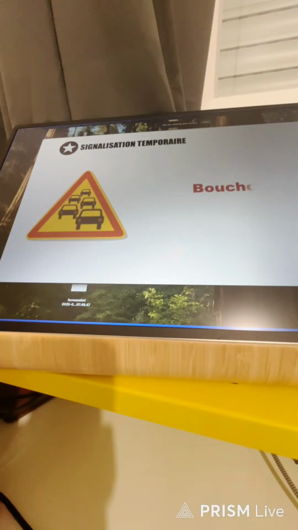The next panel, as you can see, is bouchon. That is hold up, or traffic as we call it in Nigeria. Anytime you see this panel, most of the time this signal is going to be inside a big panel to tell you that in so many kilometers that you are driving, there is a hold up on the road.